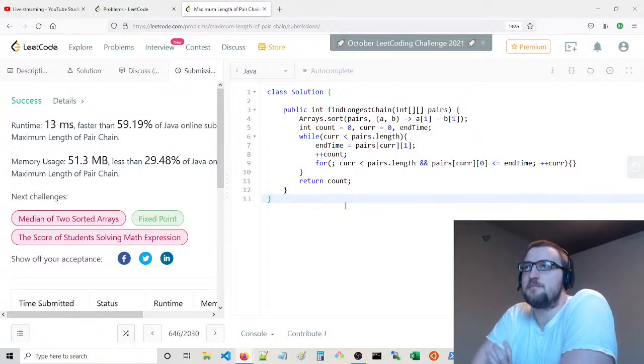applying that correct algorithm on all of the subsets of the intervals, where each subset is defined by any of the possible end times that could be considered, for any subset of the intervals.